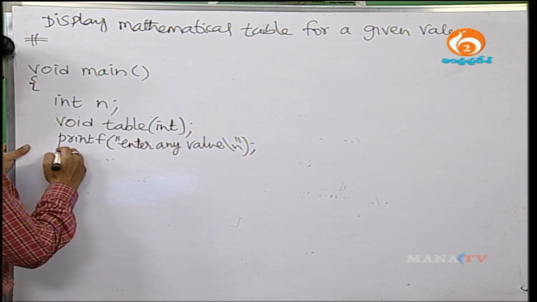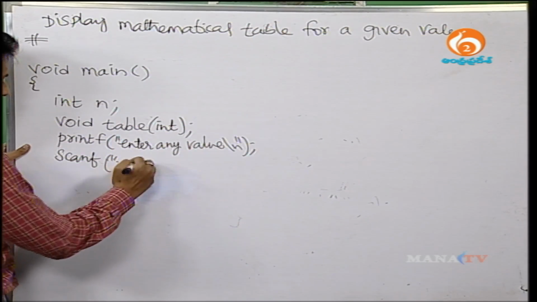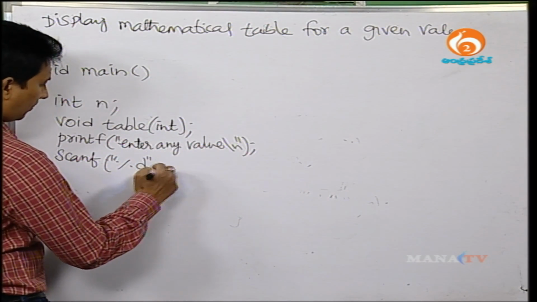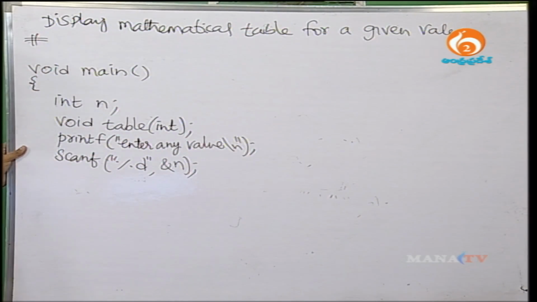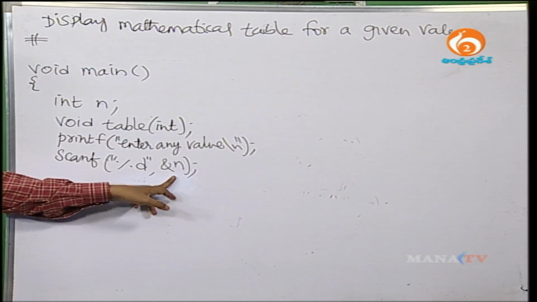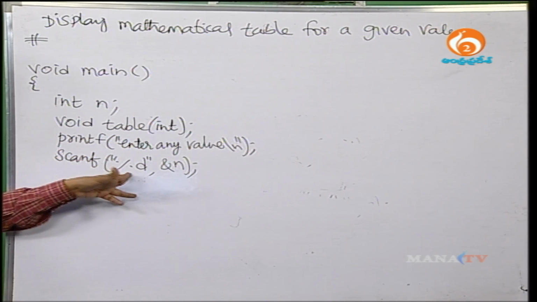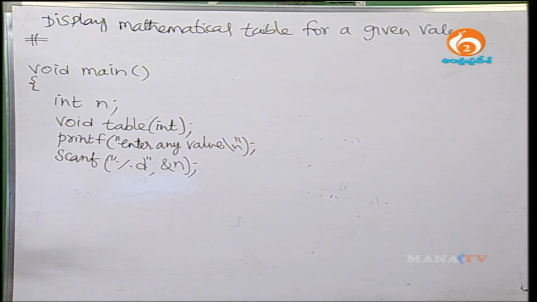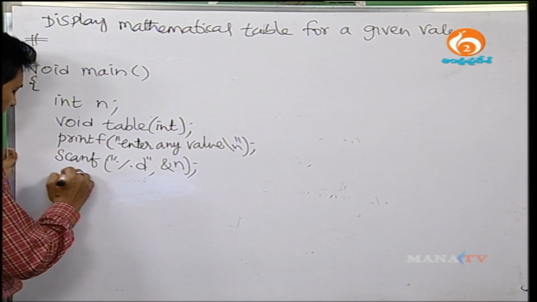Next scanf %d, &n. I enter some value, and that value is stored into n. For example, I enter 2, 2 is read from the keyboard and stored into variable n.